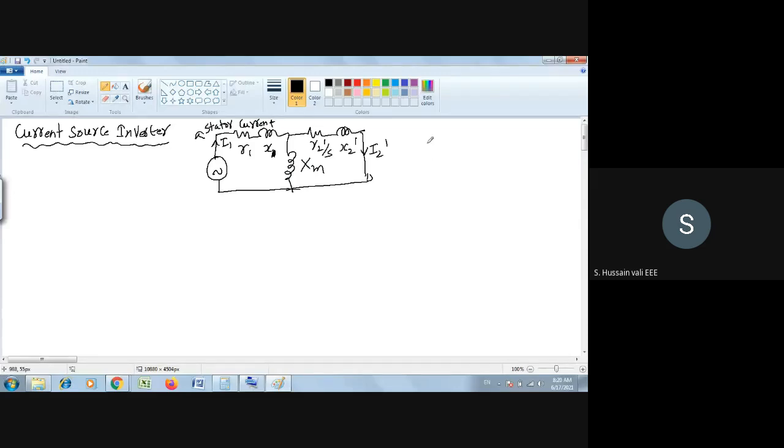So now you recall the equation for the torque production. This basic equation: V by omega S, I2 dash square into R2 dash by S. This is the electromagnetic torque produced in the induction motor.